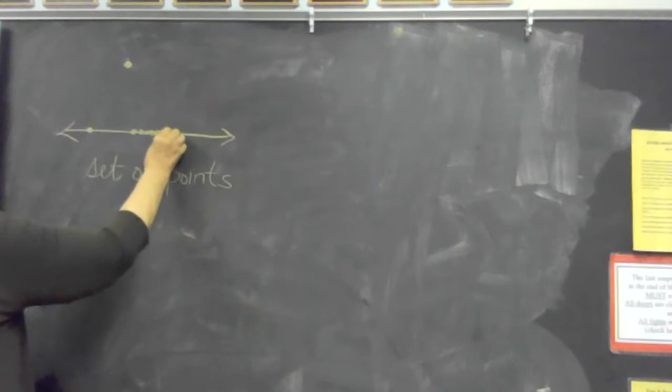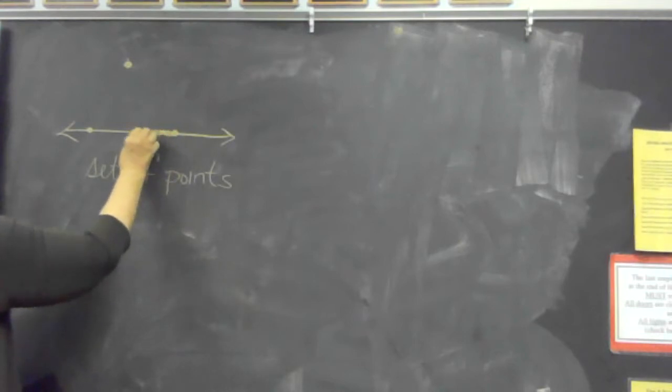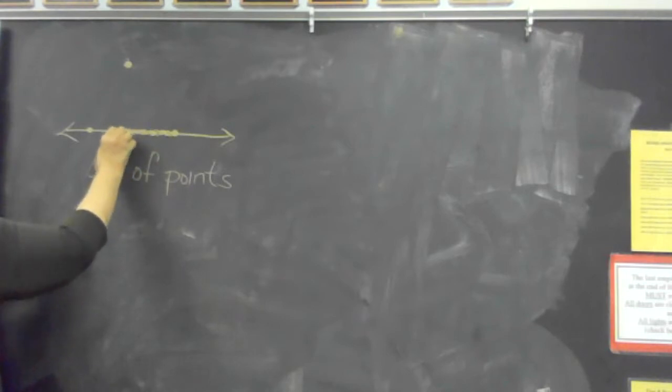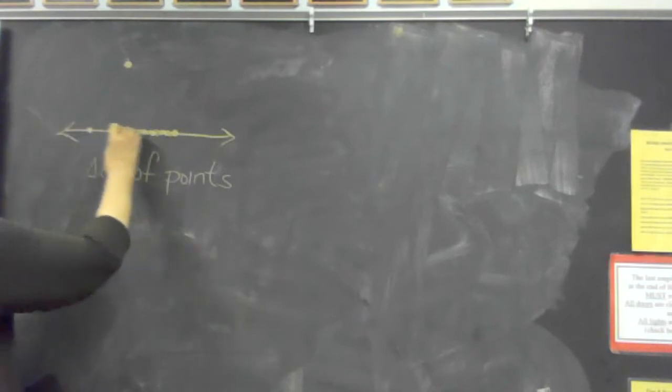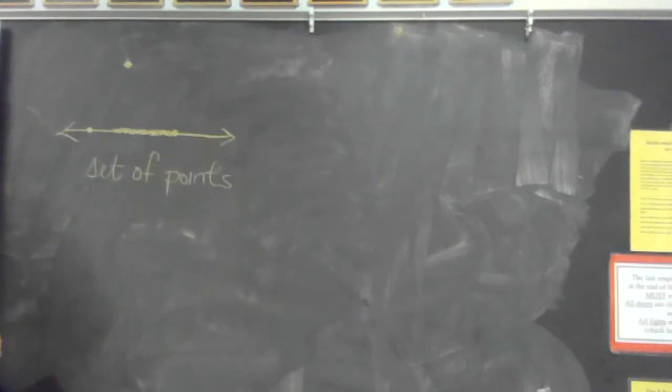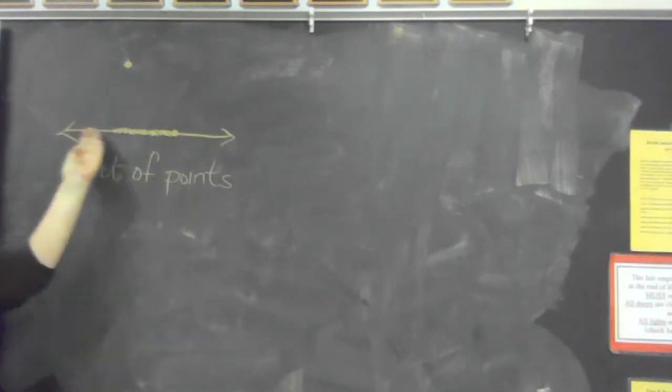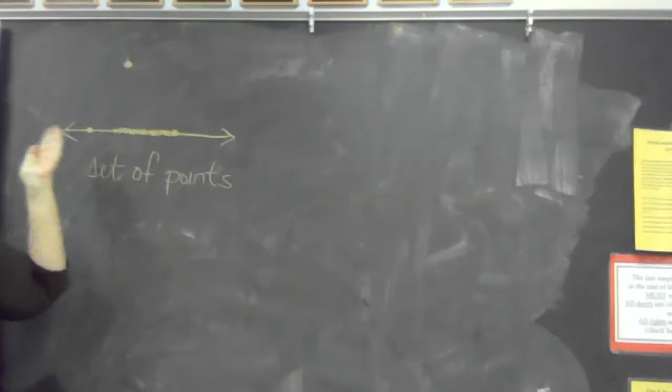And do y'all see that in between those points are more points? There's an infinite number of points, and any set of points that are in a straight direction like this create the line. Y'all see? So a line is actually an infinite number of points.